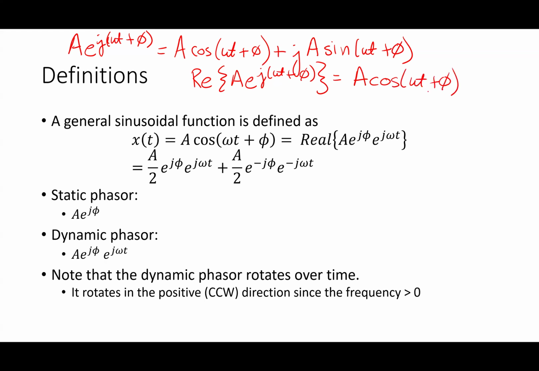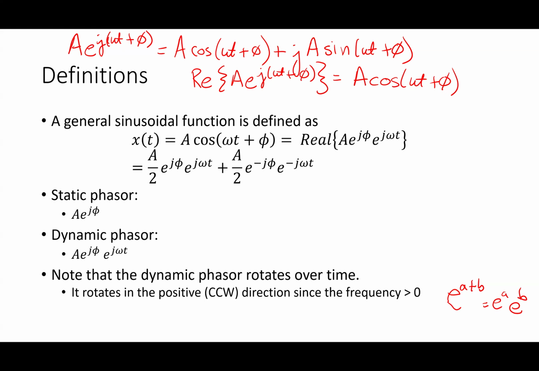Now, the other thing that I did here is I said that this a e to the j omega t plus phi, I can also write that out a little bit differently, right? If I have e to the a plus b, how can I write e to the a plus b? E to the a times e to the b, like that.